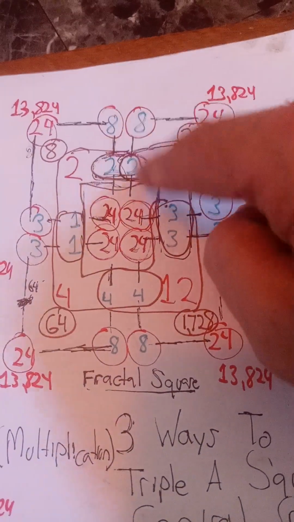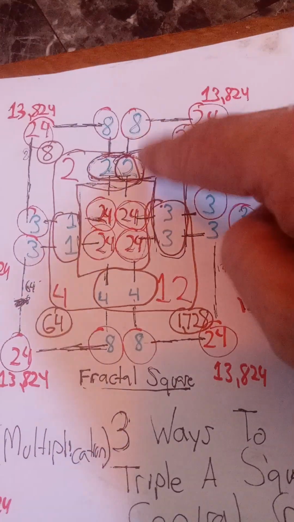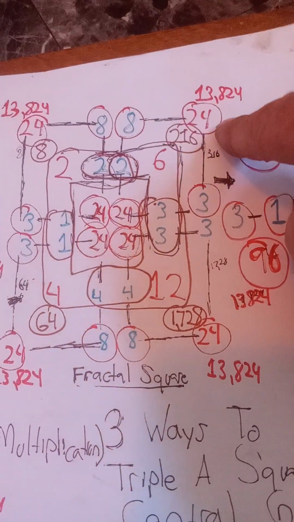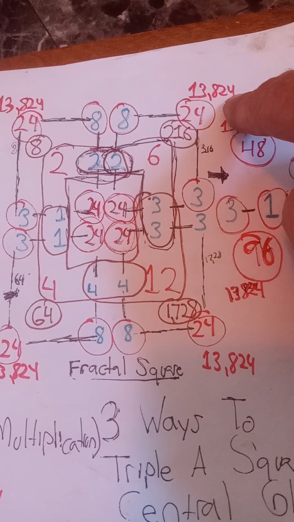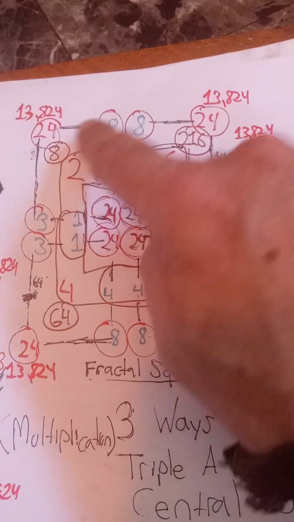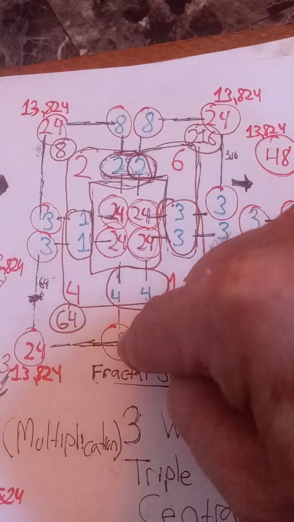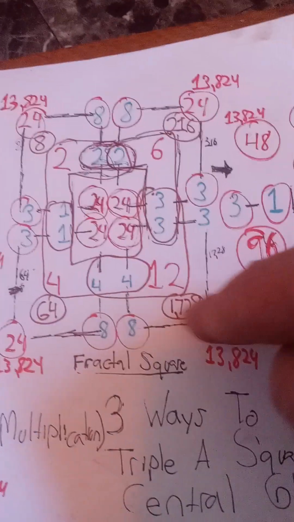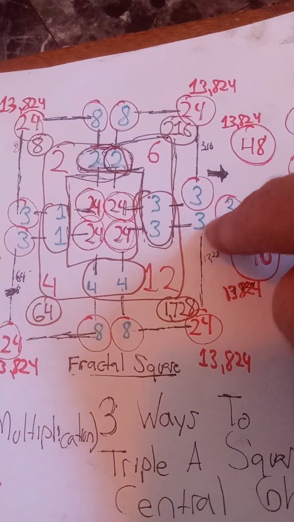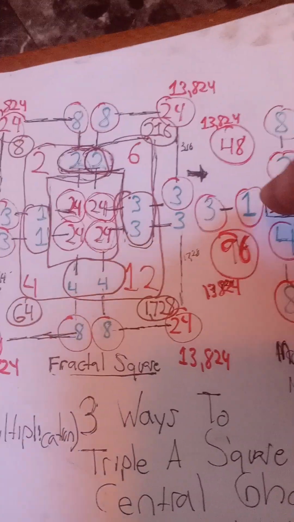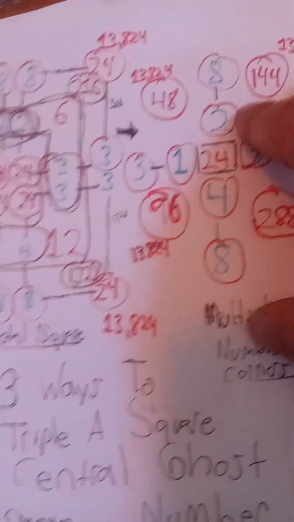Then you use the leftover numbers. 8 times 4 times 8 times 24 times 3 times 24 is itself 13,824. Same as with this. I didn't circle that. 3 and 24 is by itself.